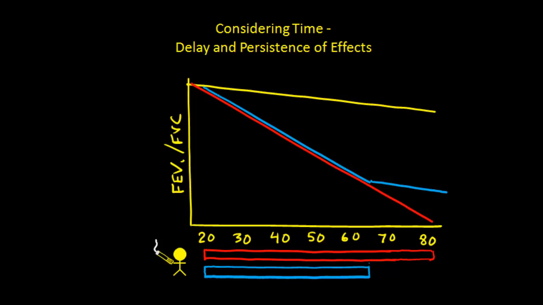So how do we think about the delay between exposure to tobacco smoke and decreases in the FEV1 to FVC ratio? Well, in this case, it seems that it's more a cumulative effect: for every bit of tobacco smoke that you are exposed to, your FEV1 to FVC ratio is decreasing at a faster rate than it would have been had you not been exposed.